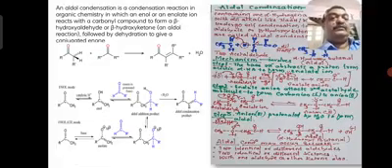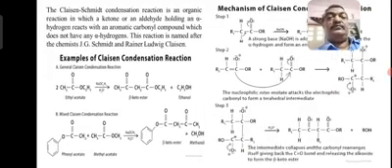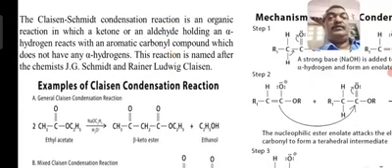Claisen-Schmidt condensation reaction is an organic reaction in which a ketone or aldehyde holding an alpha hydrogen, remember alpha hydrogen must be there, reacts with an aromatic carbonyl compound which does not have alpha hydrogen, and the reaction ends with a beta keto ester.